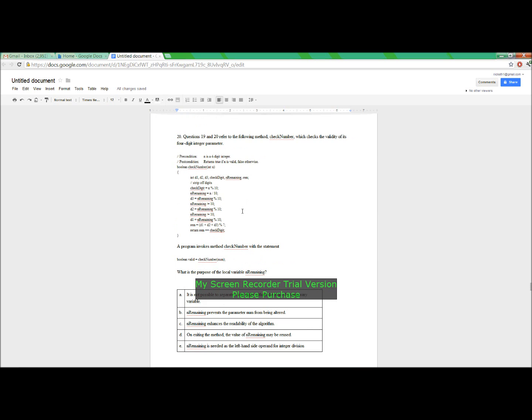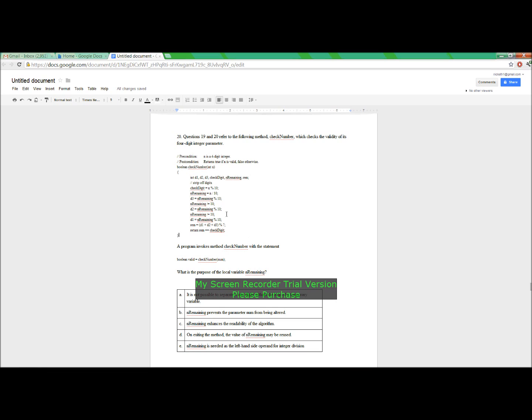So for question 20, questions 19 and 20, yeah. Same stuff, same method. They're just reusing it. And what is the purpose of the local variable nRemaining? So nRemaining just kind of helps you keep track of what it all means.